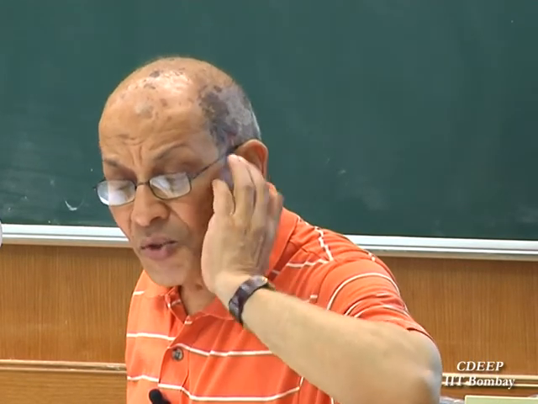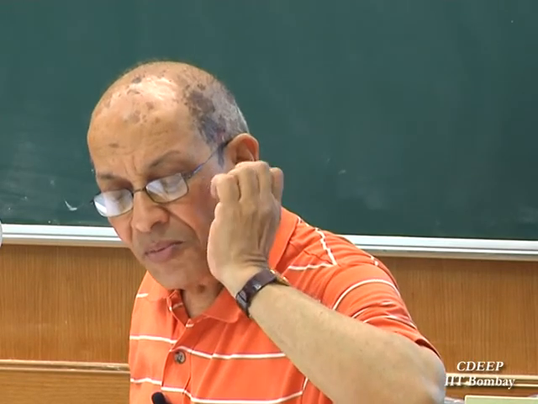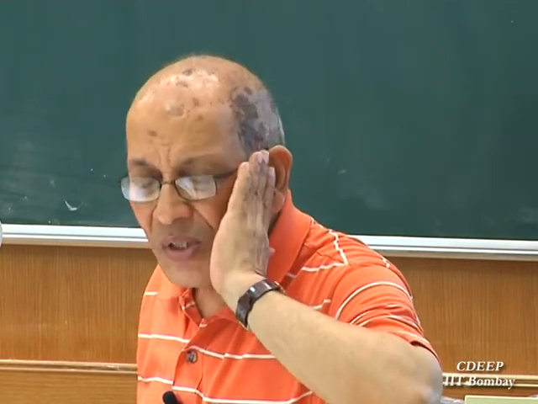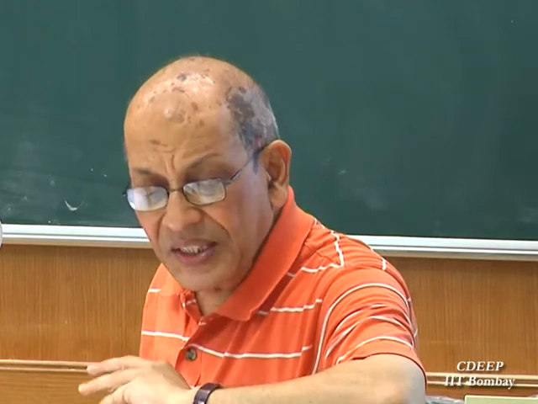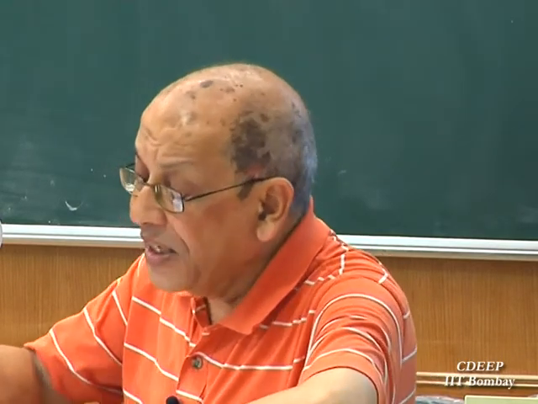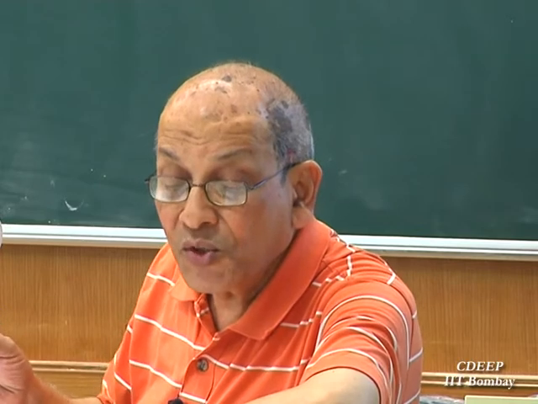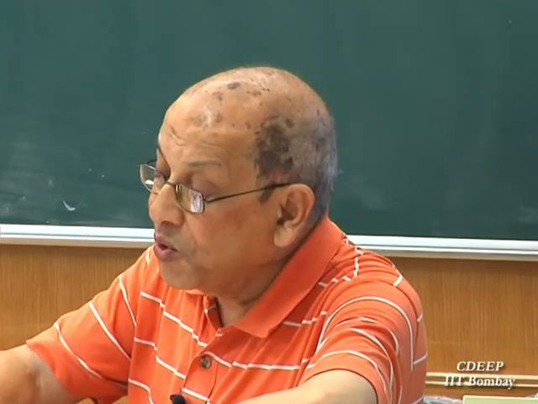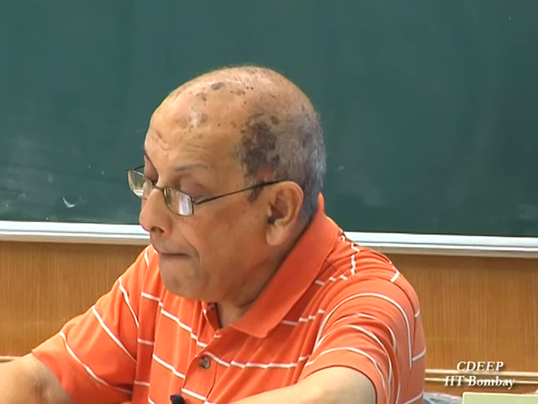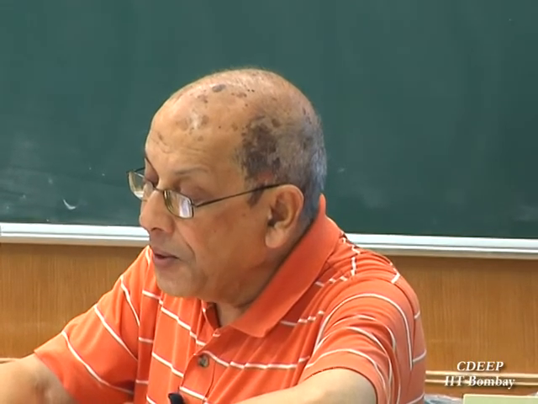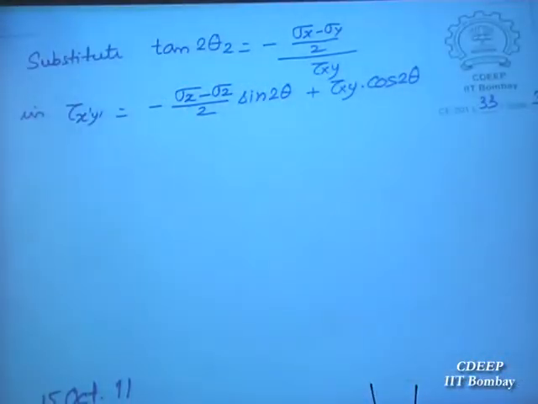So it is very easy now, at least you have got an idea about these principal stresses, principal strains. So what is the value of maximum shear? Substitute the value of tangent 2 theta 2, which is equal to minus (sigma x minus sigma y) by 2 divided by tau xy.